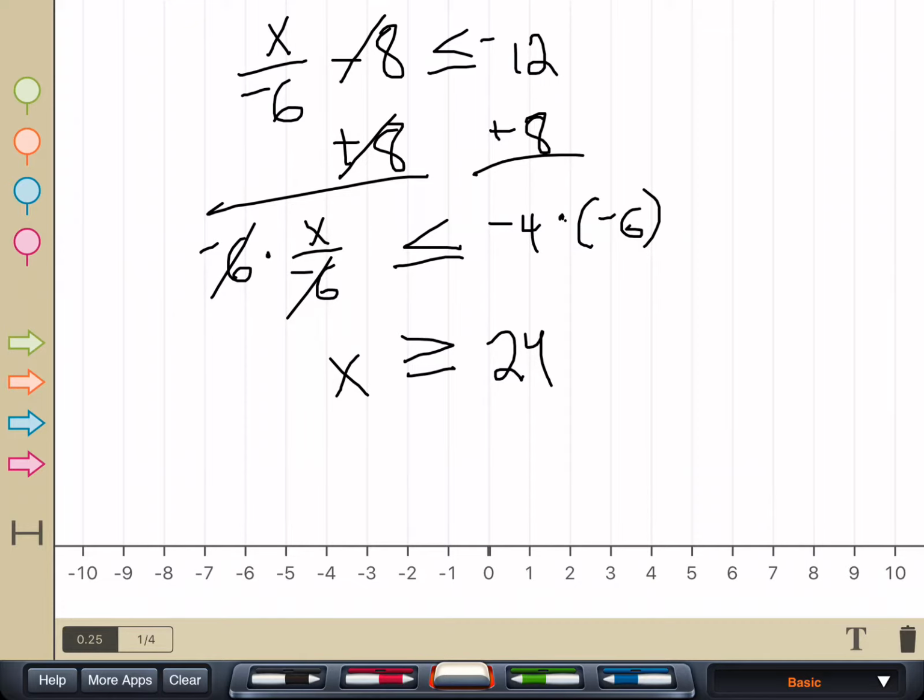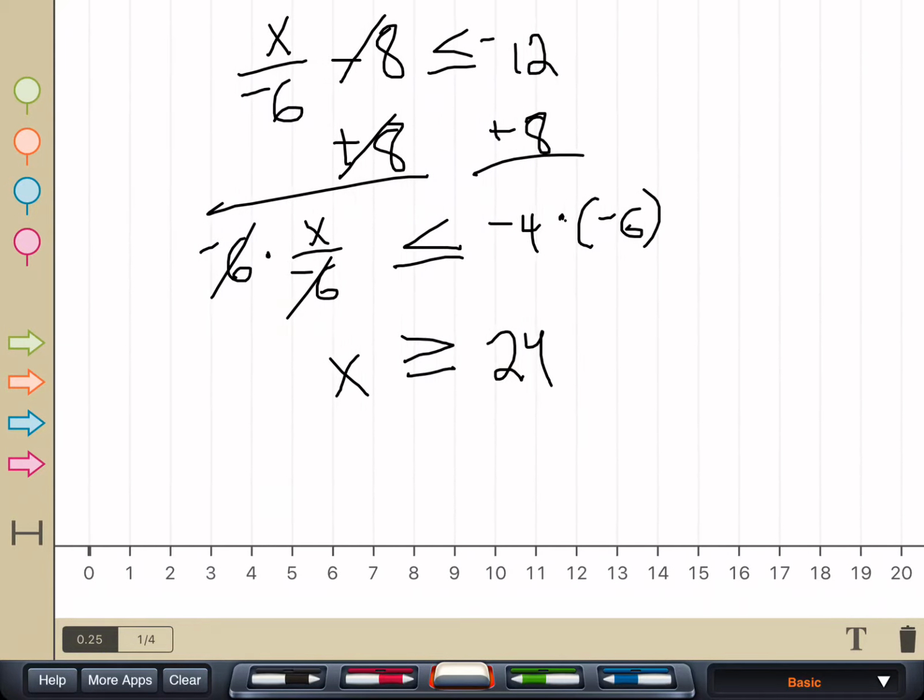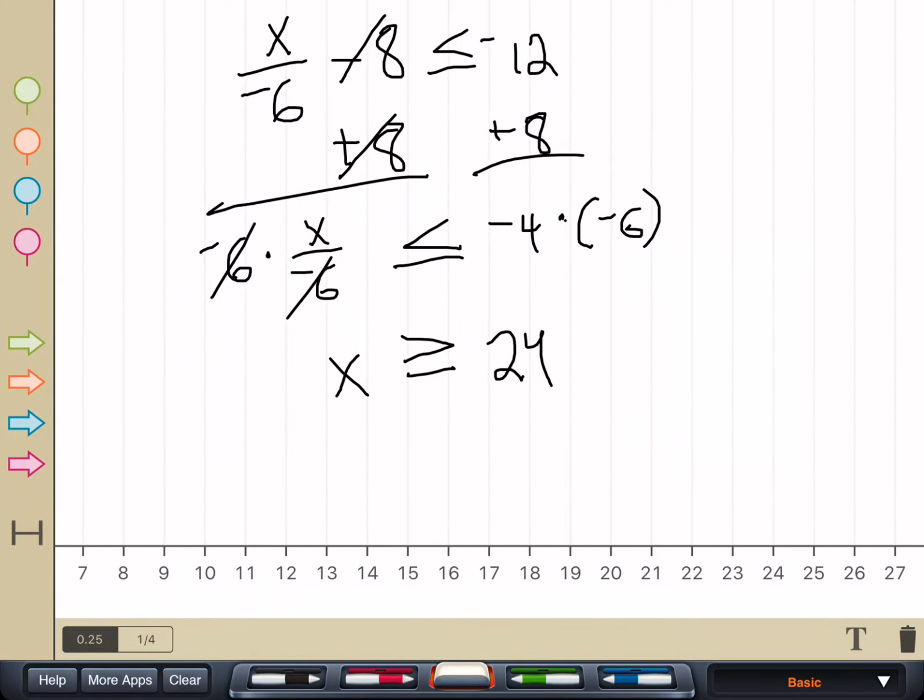So now I need to graph this. So I'm going to go over here and find out where 24 is. And so x can be 24 because it's greater than or equal to 24. Being equal to 24 means that it can be 24. So I'm going to fill it in, and any number greater than 24 will work. Right there.